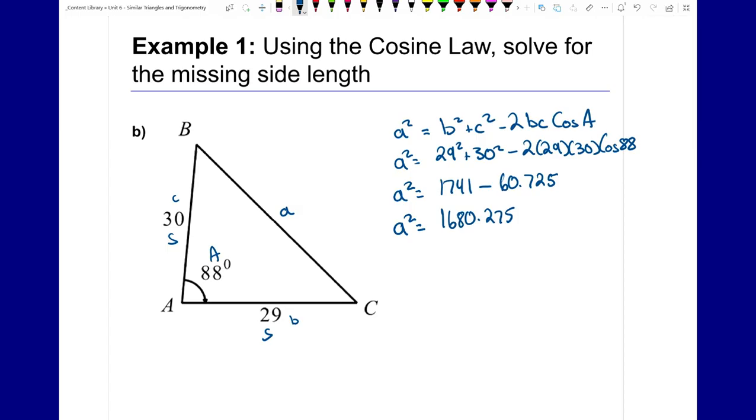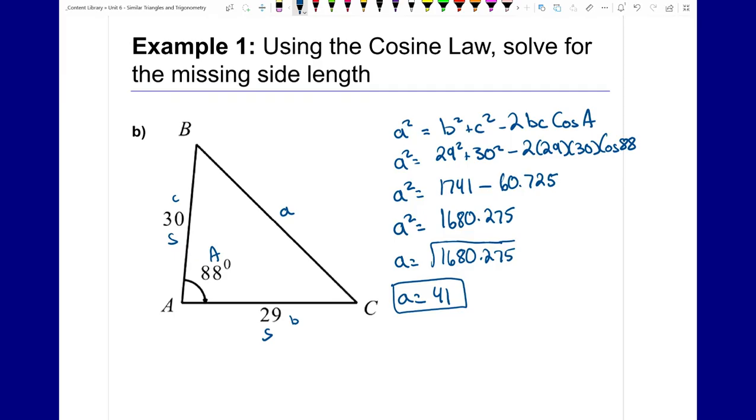Again, the last step now, I need to square root that value. 1,680.275, and when I square root that, I get 40.99, or we'll say, not 50, 41. So then that is my missing side length.